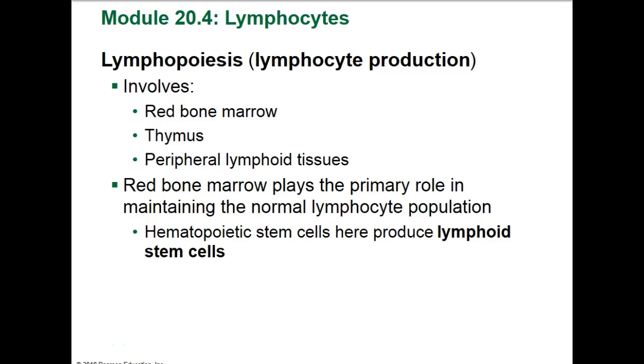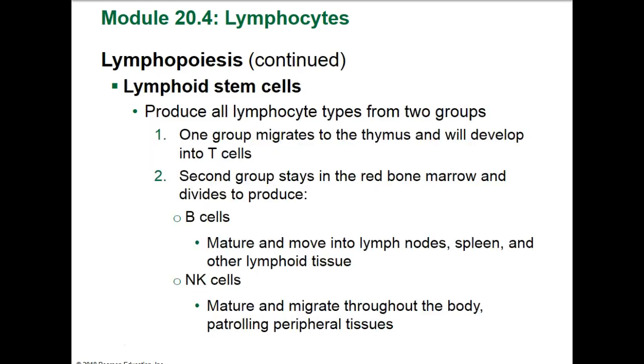Lymphocyte production is called lymphopoiesis. This involves the red bone marrow, your thymus, your peripheral lymphoid tissues. But the primary role of the red bone marrow is that it maintains your normal lymphocyte population. So you have hematopoietic stem cells that produce lymphoid stem cells. Again, hematopoietic stem cells produce all of those blood cells, but specifically you have some producing lymphoid stem cells.